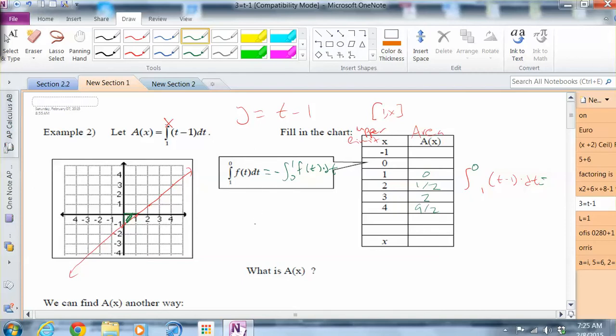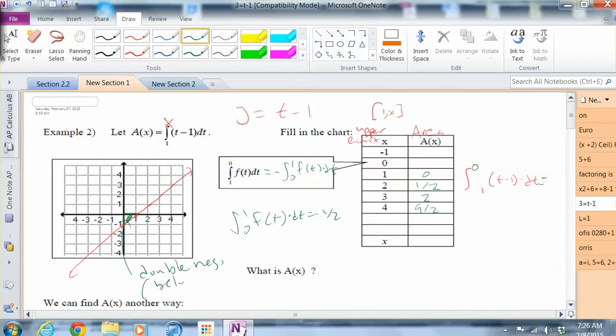So we know the area from 0 to 1, if we were to integrate that, is going to be negative half, right? Because you go from left to right, and the area is below the x-axis. But because we're integrating from right to left and we're below the x-axis, that's like a double negative.